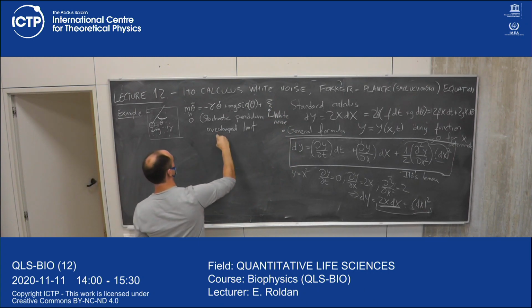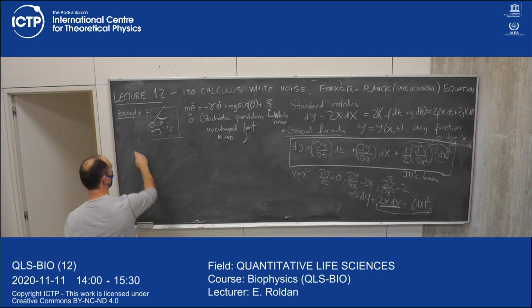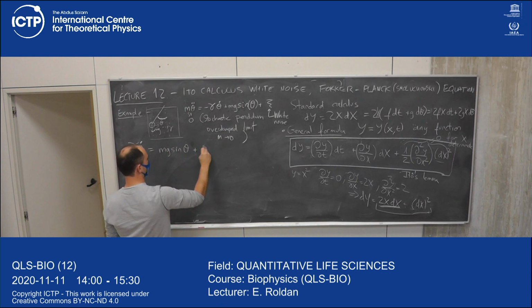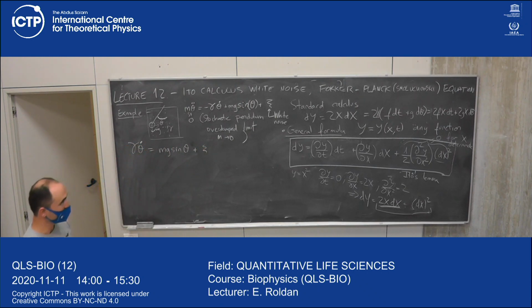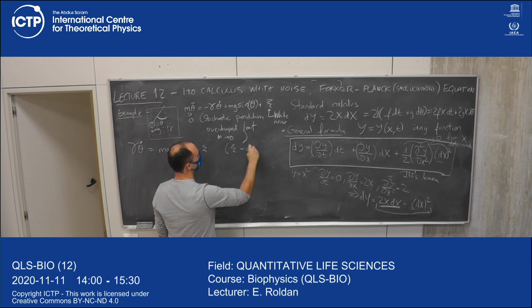In the overdamped limit, I'll say the mass is small. So I will get an equation that is something like this, plus noise. This noise, and this will come next when I explain, is the derivative of B with respect to dt.